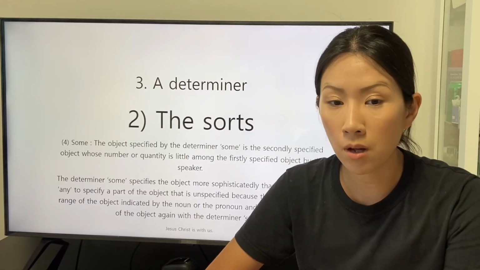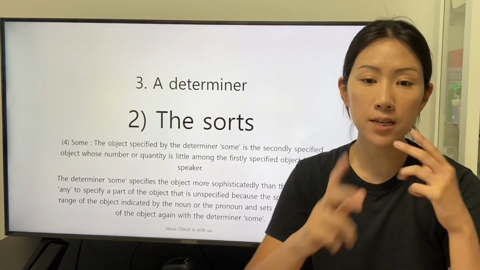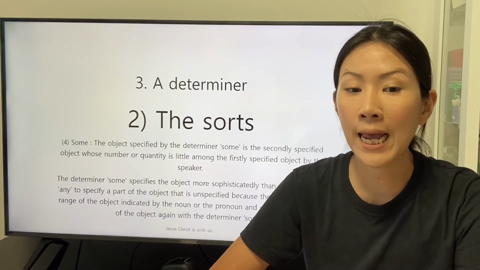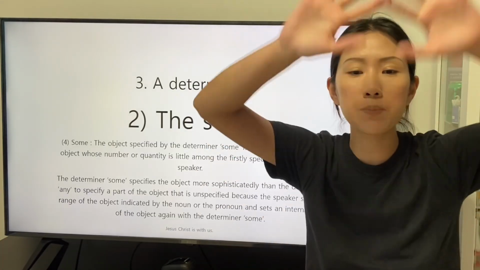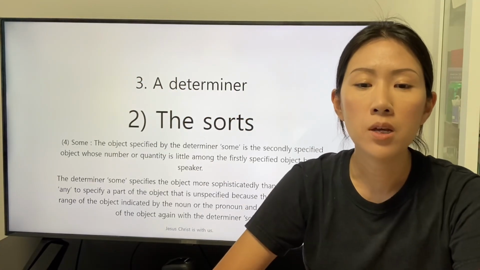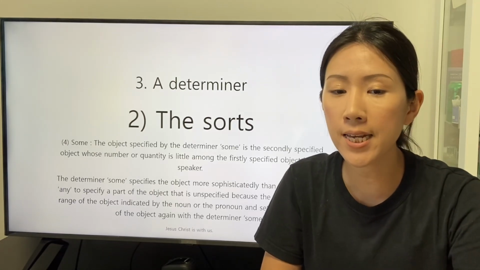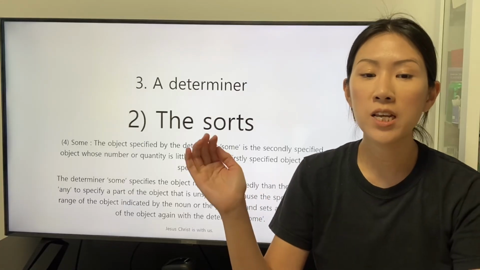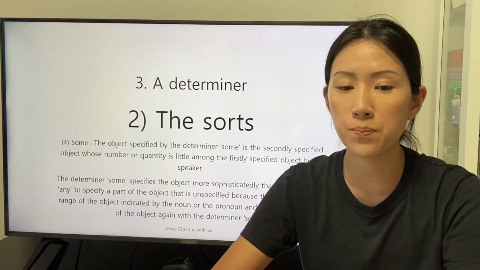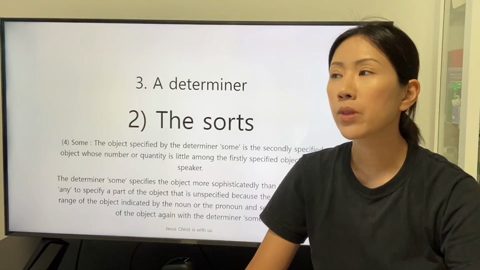The determiner some specifies the object more sophisticatedly than the determiner any to specify a part of the object that is unspecified, because the speaker sets the range of the object indicated by the noun or the pronoun and sets an internal part of the object again with the determiner some.